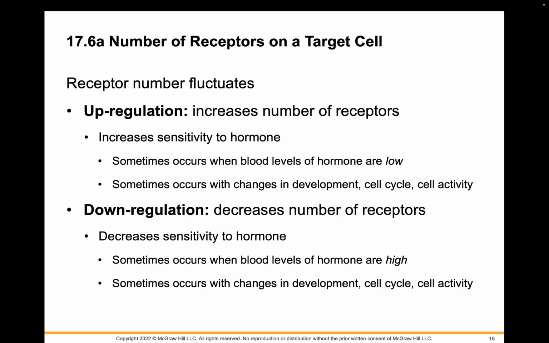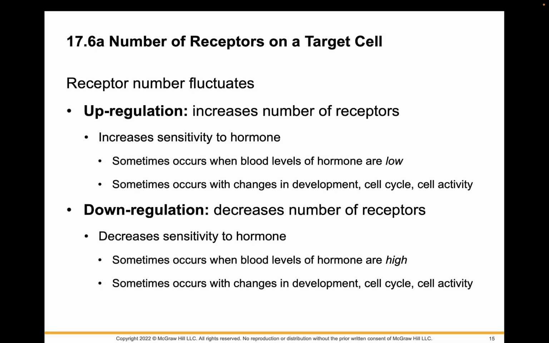Now, the next concept that we're going to be looking at is upregulation versus downregulation. And what we're talking about is changing the sensitivity of a cell in response to the amount of a particular circulating level of a hormone. Now, this is important to remember here that the number of receptors on a cell is not static.